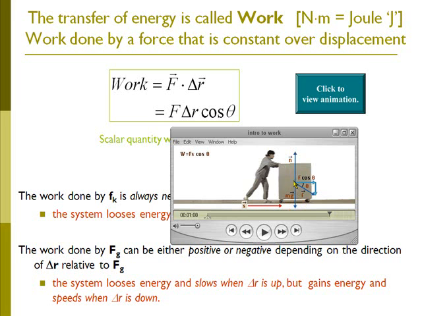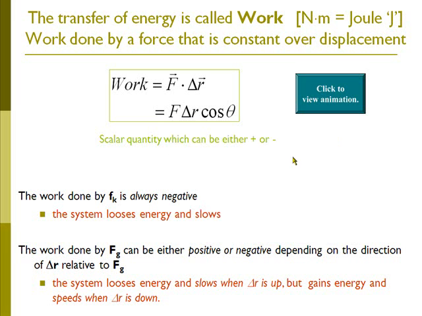So what we have to do here is consider that only the component of the force, F cosine theta, which is parallel to the displacement, contributes. F cosine theta times delta R contributes to the transfer of energy that the box gains.